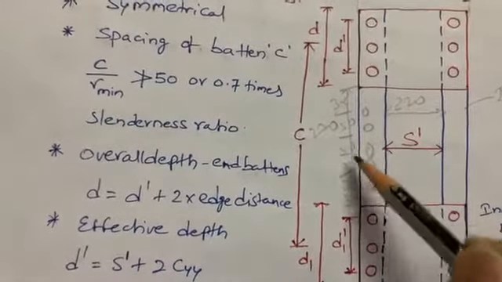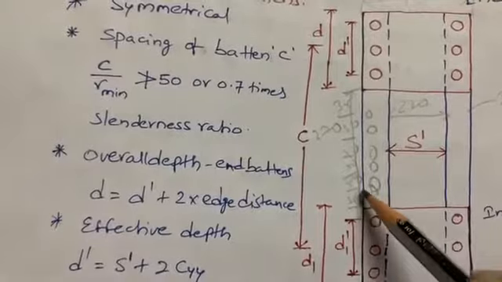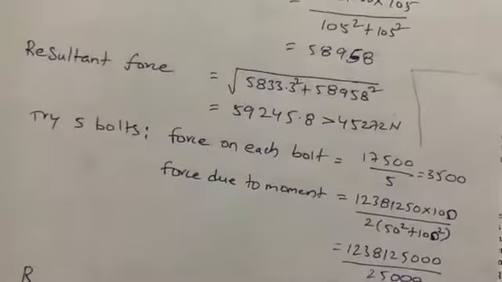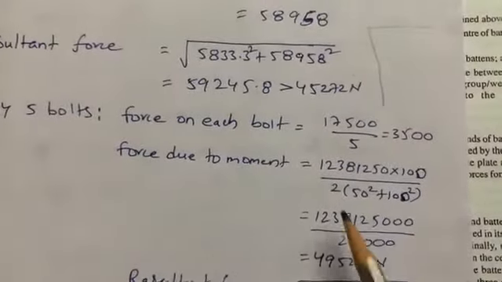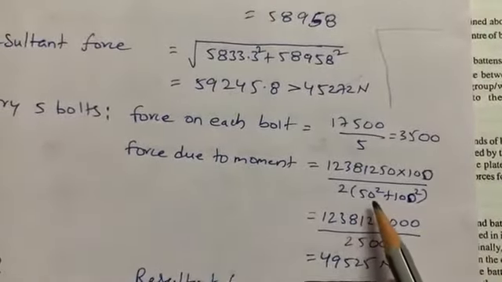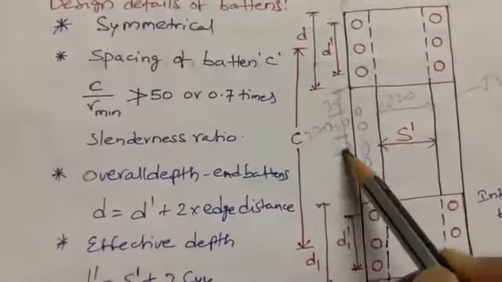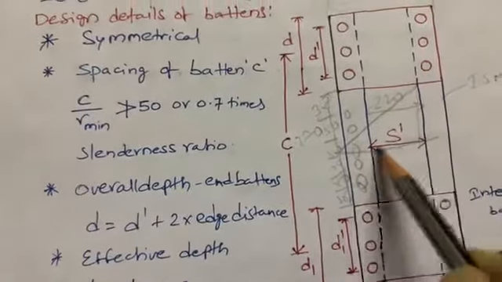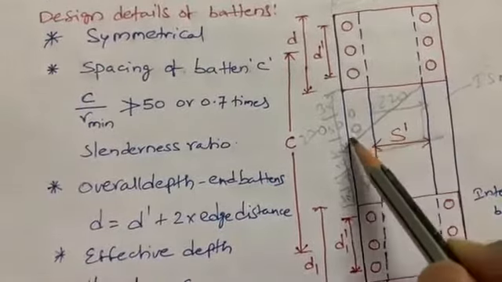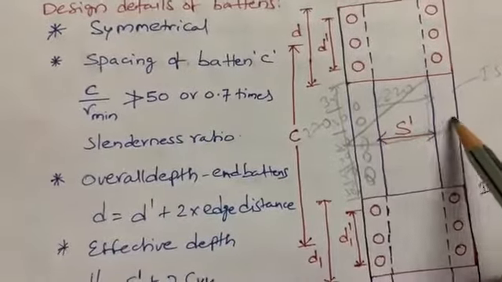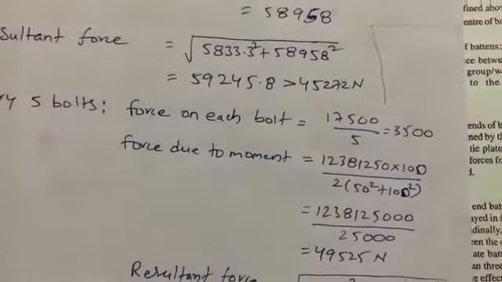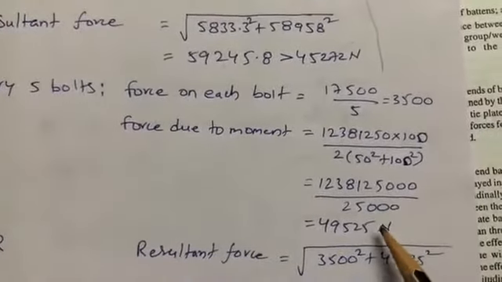Like that I'm calculating. Edge distance is 35 plus 35, which is 70, and 200, total 270. So in that I took 2 into 50 square plus 100 square, that is r square. Here we took half of this and the portion is like this. We are calculating this distance. So I got 2 into 50 square plus 100 square, and I got this value.